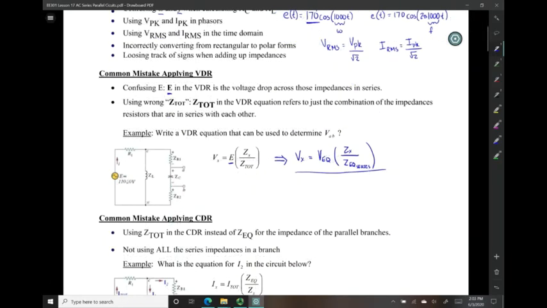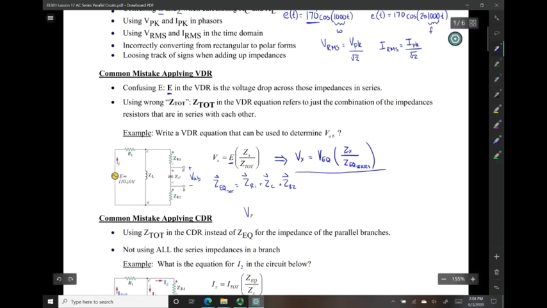So if we're trying to find the voltage drop from node A to B, V_AB would be this drop right here. We would set up first by finding our Z equivalent series equal to Z of R1 plus Z of C plus Z of R2, and these are all vector terms.